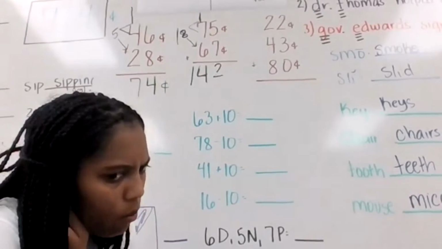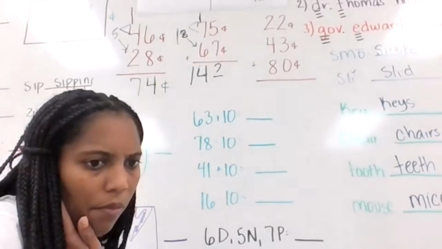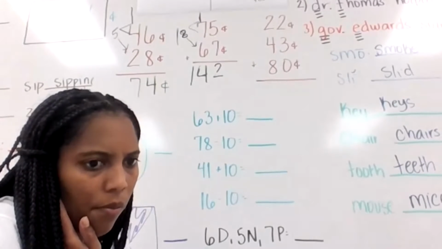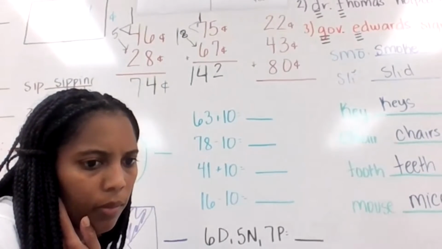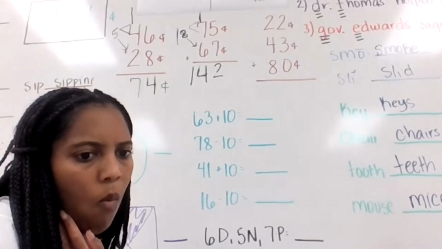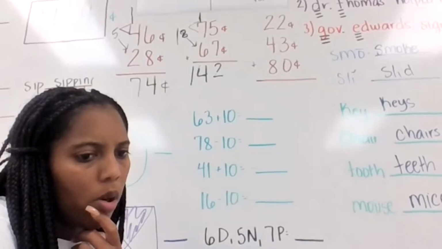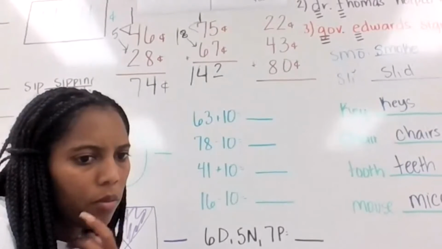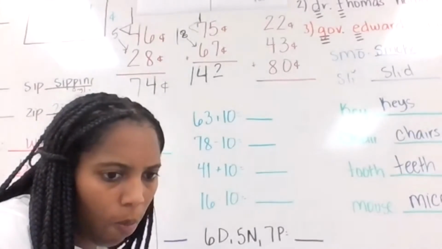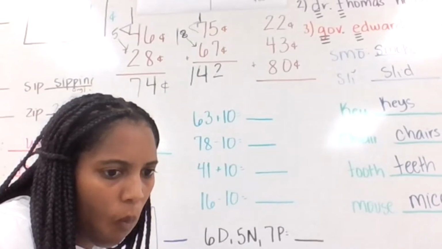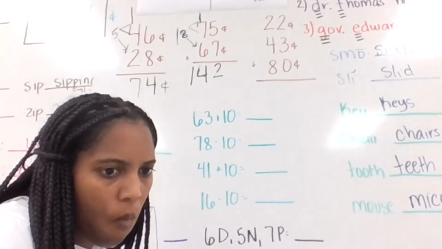I don't know what that says. 22 plus 14 plus 18. 13. Still trying to work on it. Wow. How could I not even know this? I know it. Miss Lucas, is this right?